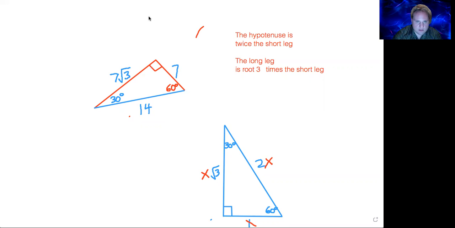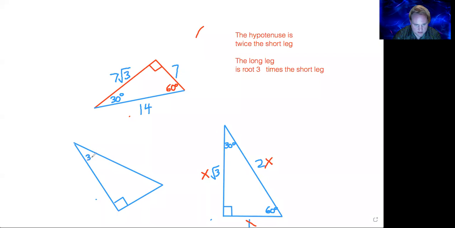We'll try one more example where things are kind of going in the forward direction. So you need to know some information about the angles.